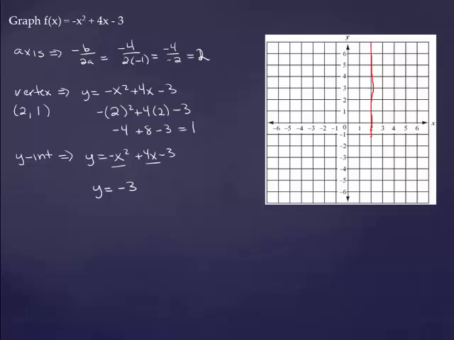And that's this line here. My vertex is at 2, 1. My y-intercept is at negative 3. I'm 2 over, so I go another 2. And as you can see, I'm now an upside down parabola. And that is because my leading coefficient was negative.